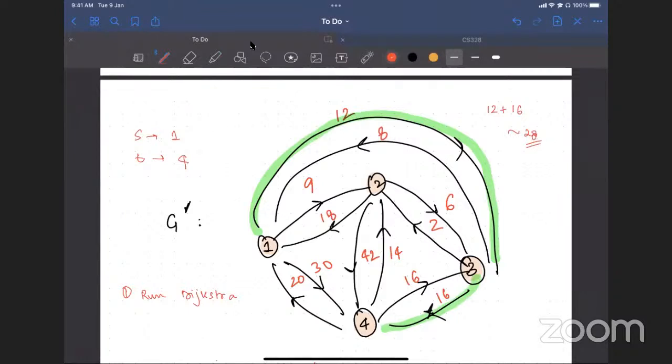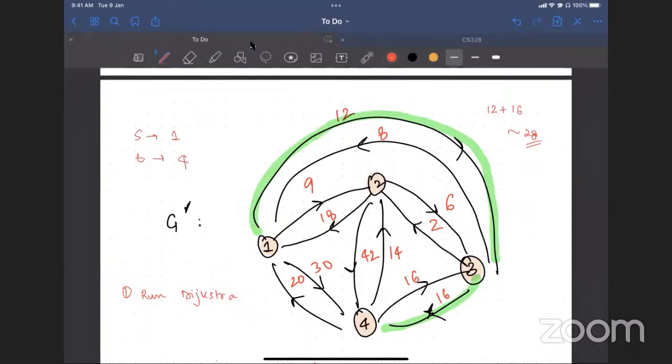So you first run a Floyd-Warshall algorithm for all pair shortest path, and then you use Dijkstra here. Basically, I want the shortest path between every pair of vertices because I want to build a complete graph which has n into n minus 1 by 2 edges, or basically n into n minus 1 edges because every vertex has 2 edges.